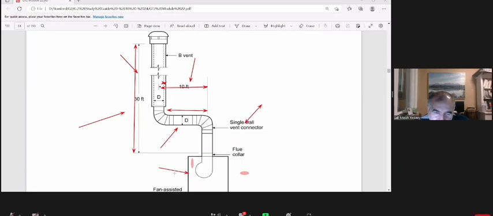So in this case, we do have one appliance, single wall connector to the B vent. Here is B vent, B vent. Here is single wall connector, termination.